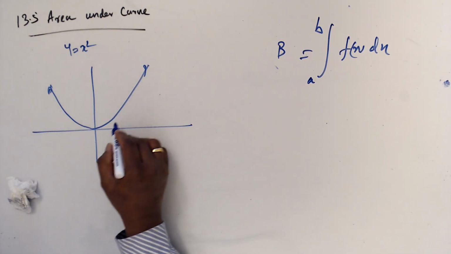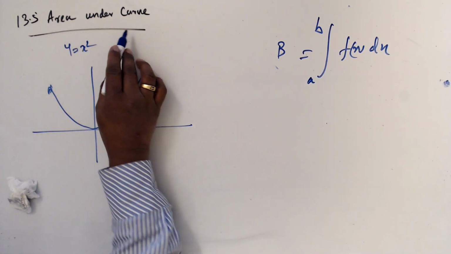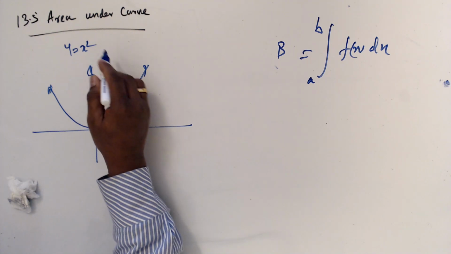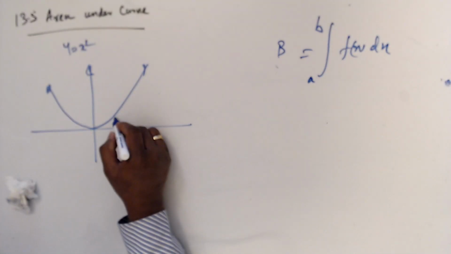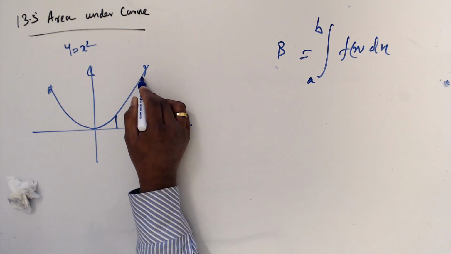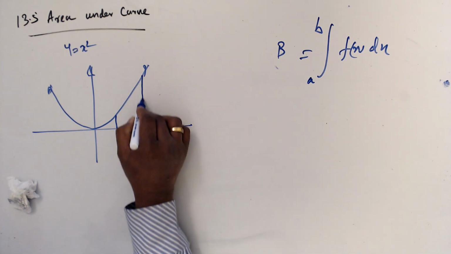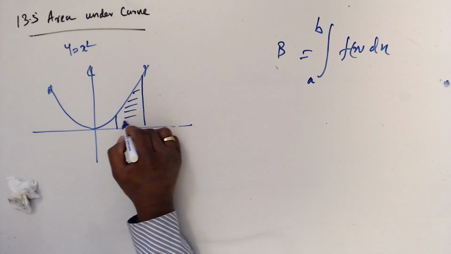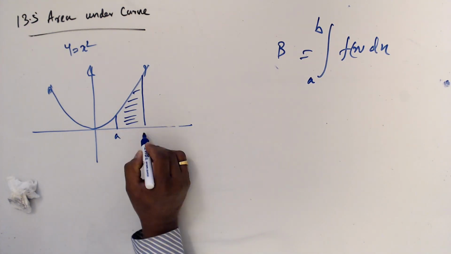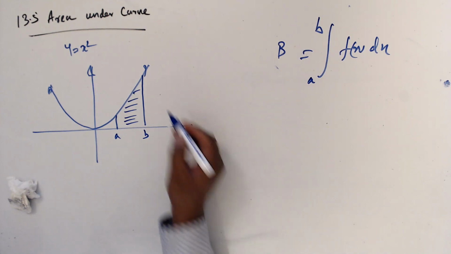Right? So what is the area under the curve, not above. Area under the curve for this formula. Above also we have a different one, right? Now I want to find the area under this one, right? A to B. So what is this one?